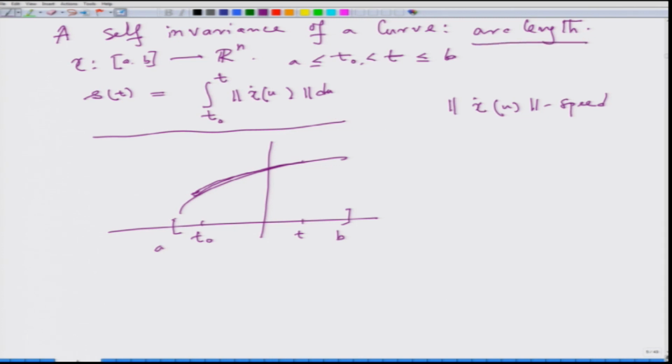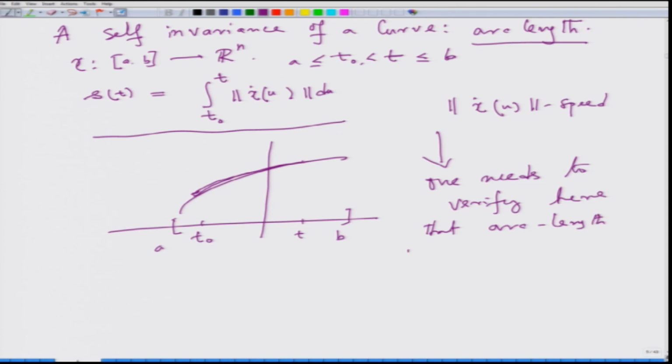Now, you see I can have different parameterizations of the same curve as we have seen. So, one needs to verify here that this quantity I am defining, arc length, is independent of parameterization.